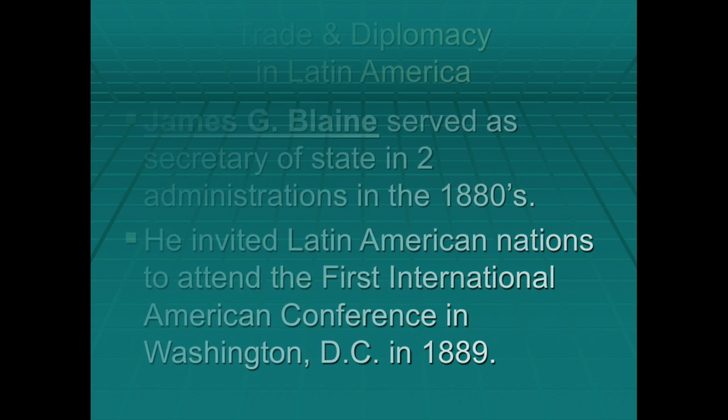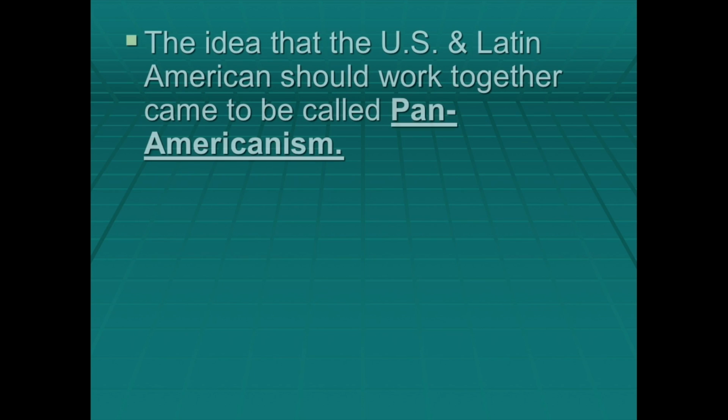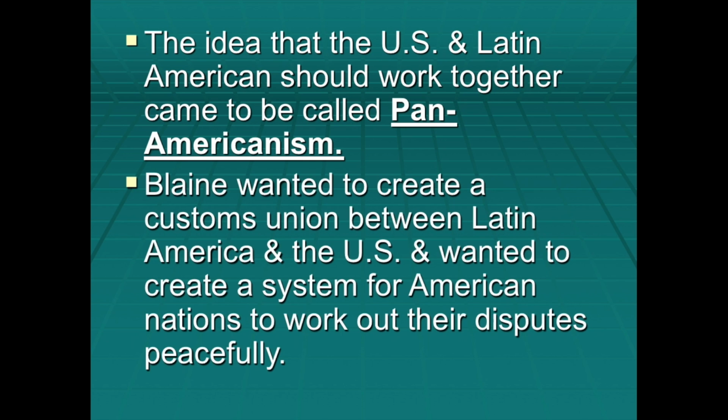The idea that the U.S. and Latin America should work together became called Pan-Americanism. Blaine wanted to create a customs union between Latin America and the U.S. and wanted to create a system for the American nations to work out their disputes peacefully.